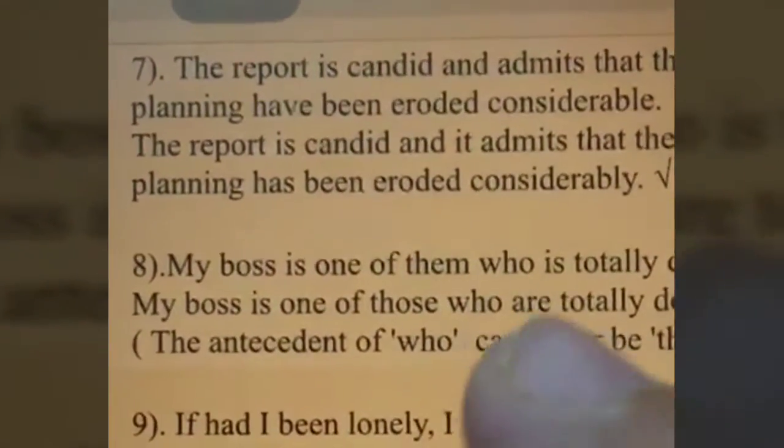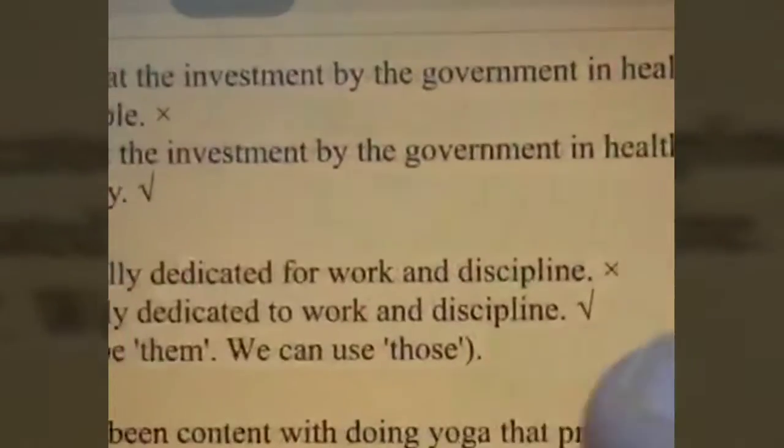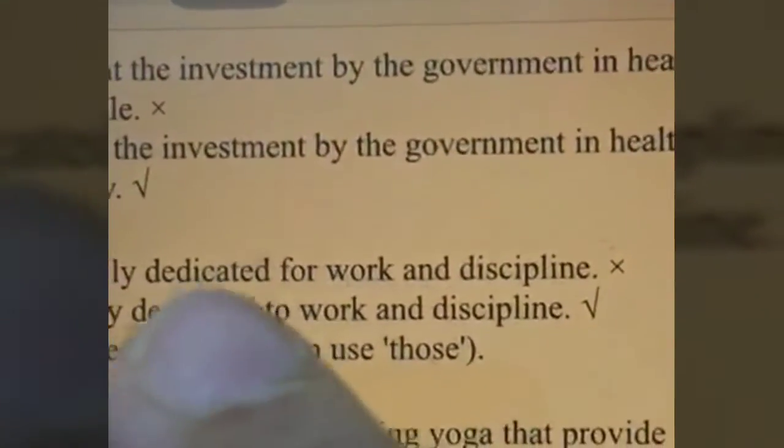Those. Those is plural, right? So the verb after the relative pronoun must also be plural, and that's why it should be "who are totally dedicated to work and discipline." It is never "dedicated for work and discipline." It should be "dedicated to." So, my boss is one of those who are totally dedicated to work and discipline.